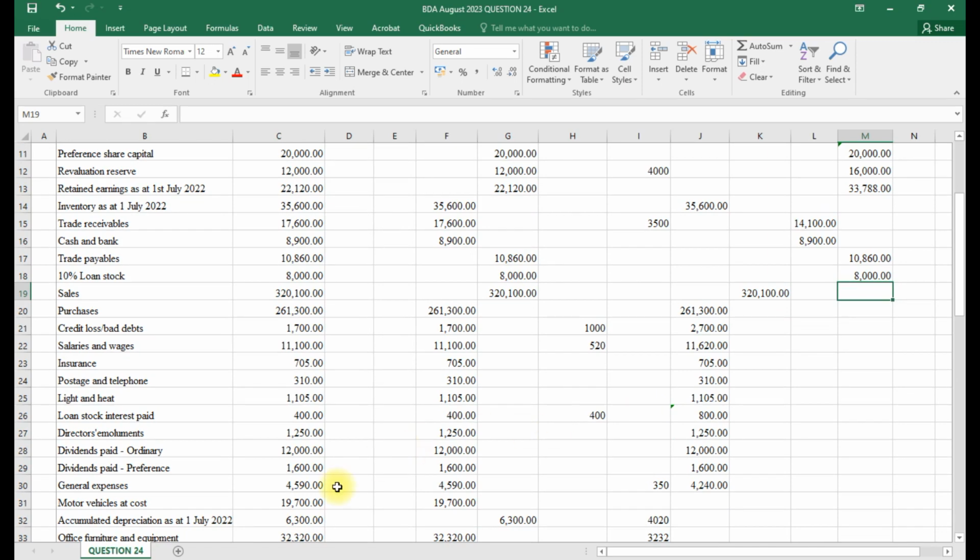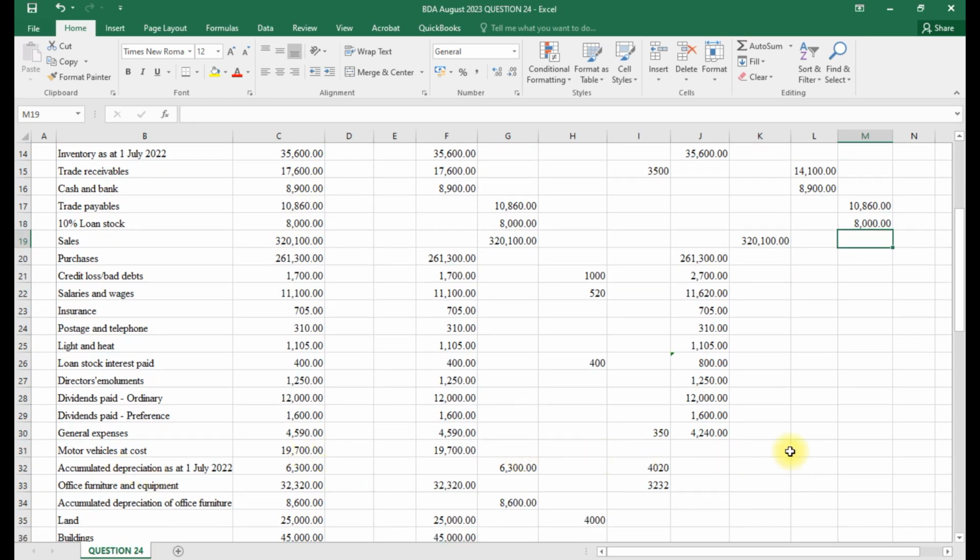Motor vehicle is an asset, so we shall debit motor vehicle with accumulated on the credit of 63 already, that is adjusted. Then furniture, with accumulated of furniture of 86.